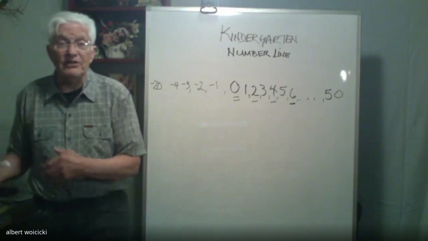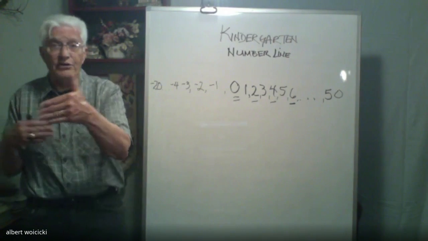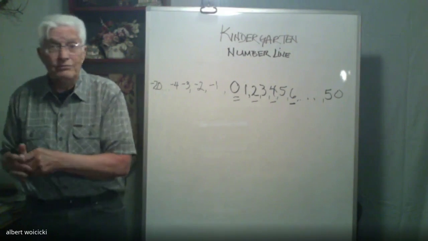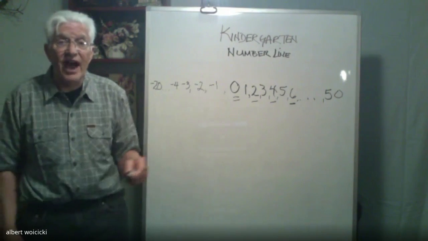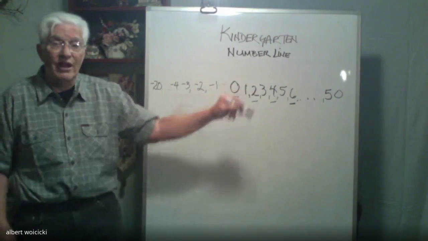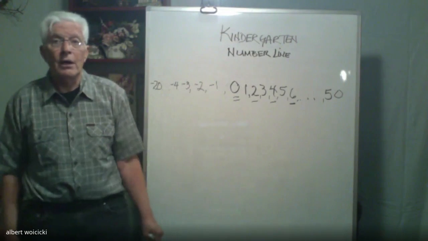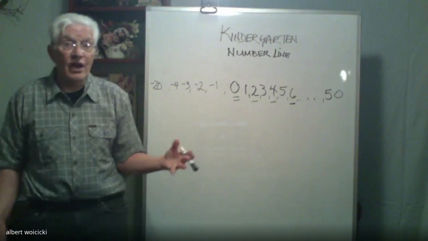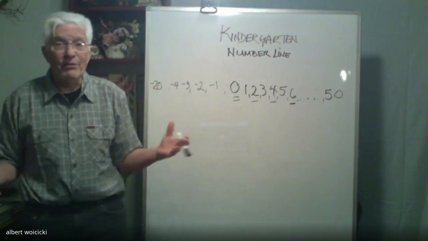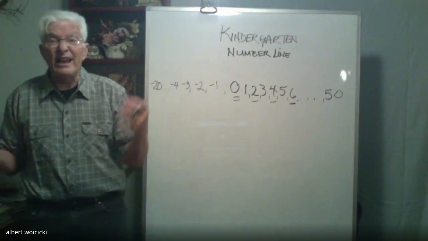You could put these on the tiles along your floor. If you have the 1-foot tiles, just put a 0 in one of the tiles, and put a -1 in the one next to it, a 1 on the other side, and just put them on your floor. When the kids come in, they're going to ask you about the negative numbers or about the numbers on the floor. They've probably never seen anything like that.